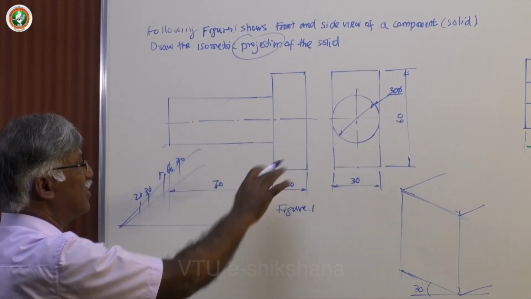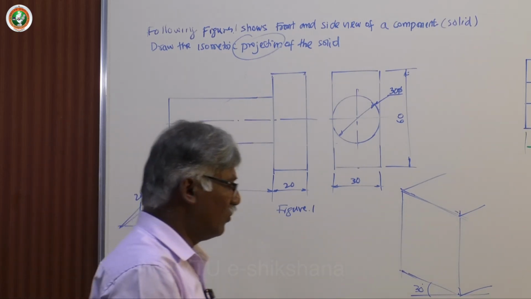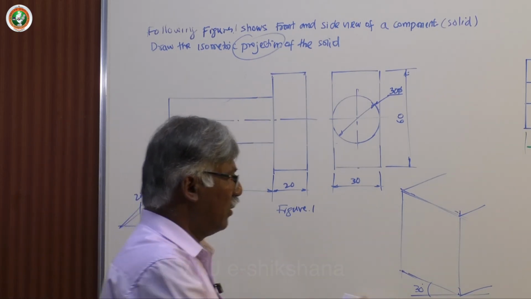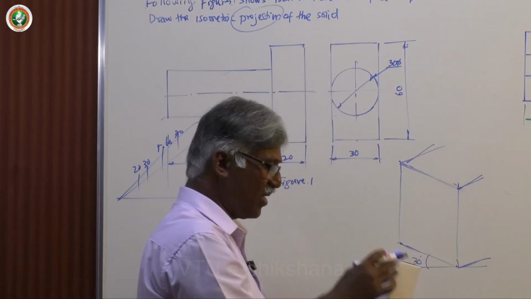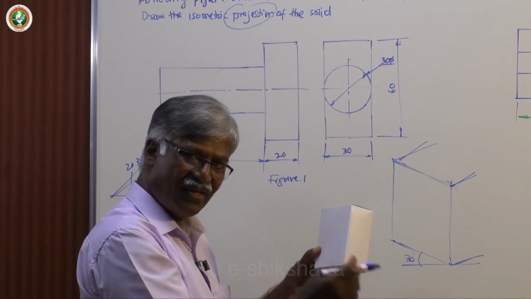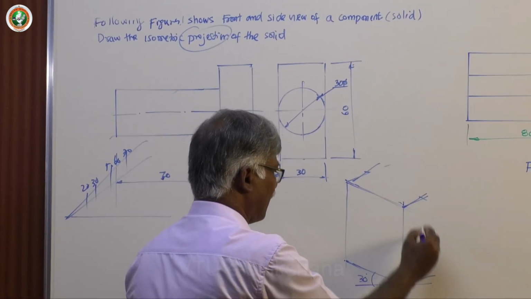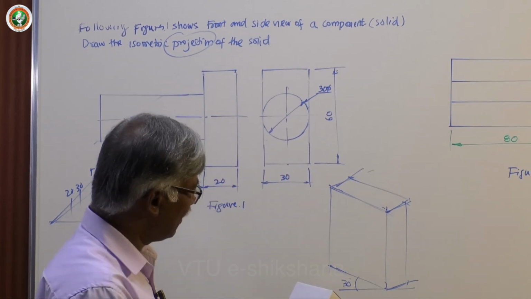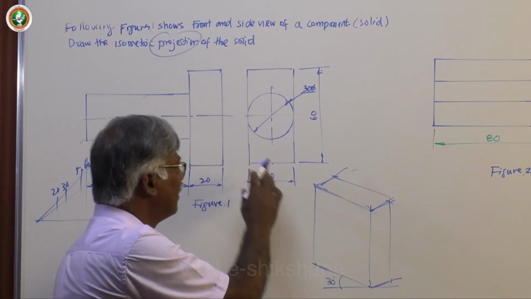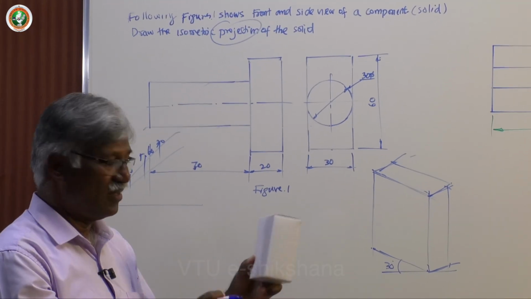All dimensions must be taken from there and then marked. That's all. Now keep this 30-degree line away from this surface because I am creating these edges. So thickness is 20. Yes. This completes the rectangular block, vertically placed.